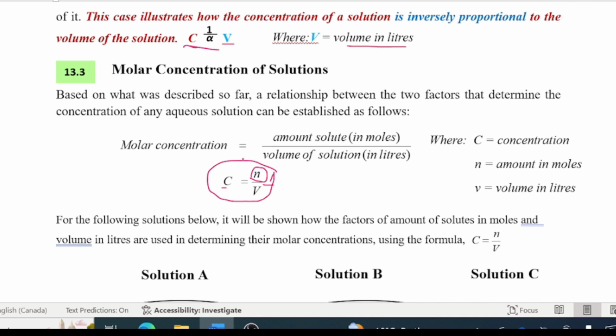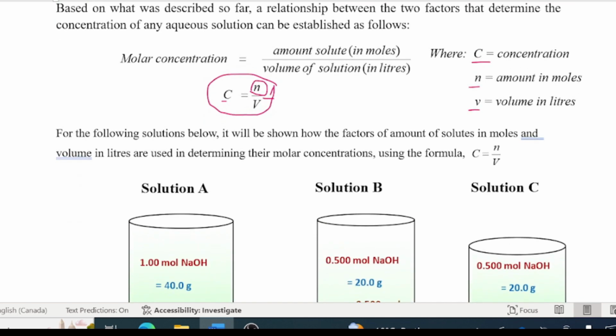So this is what you have to memorize, this formula here, all right? So C is the concentration, it will be moles per liter, n is the number of moles, and V is the volume in liters. So knowing this formula, we're now going to see how to calculate the concentrations of three different solutions here.